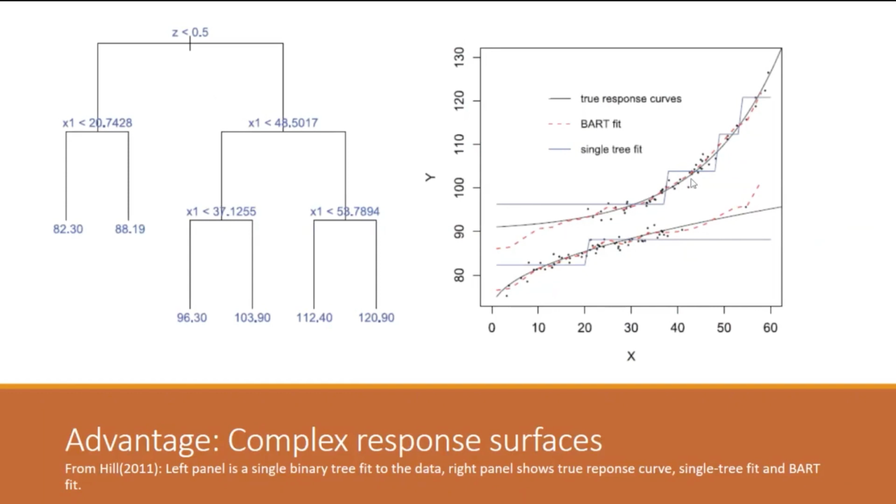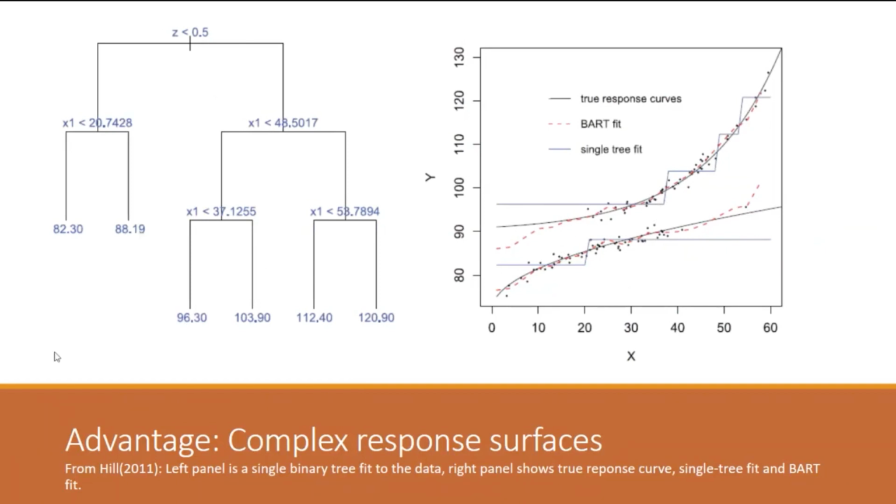And this extends then to much higher dimensional settings where it's much more difficult to visualize the shape of the response surface and what the differences might be between particular groups. So by adding all of these small trees, we can end up with pretty smoothly varying estimates of complex response surfaces.